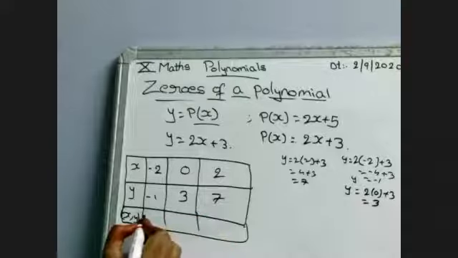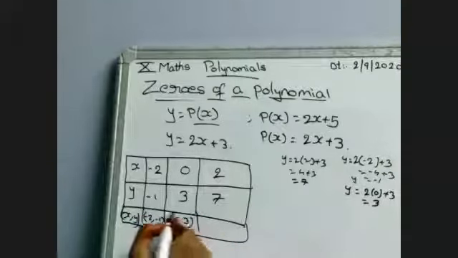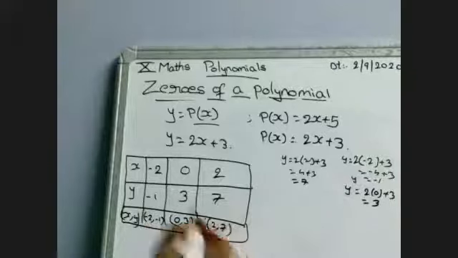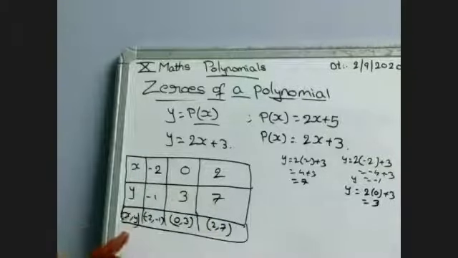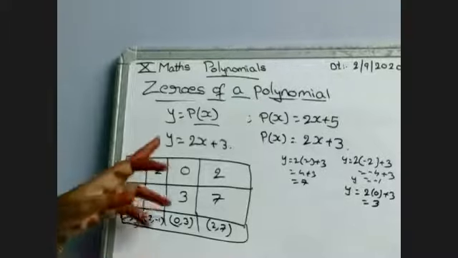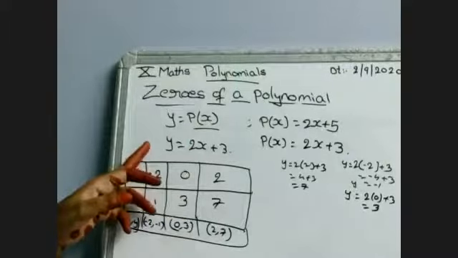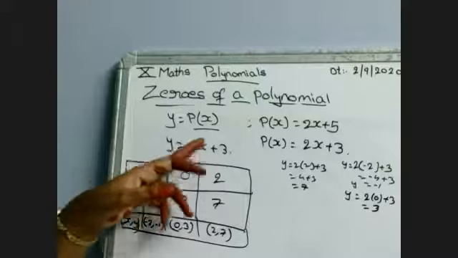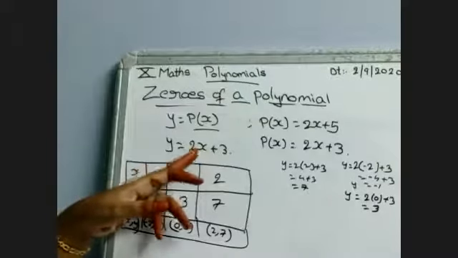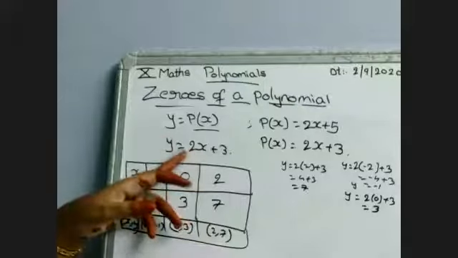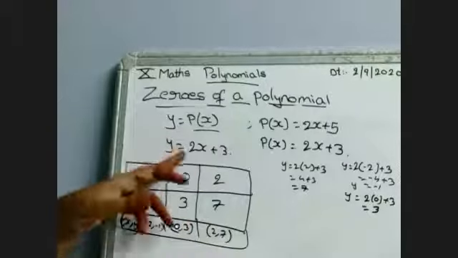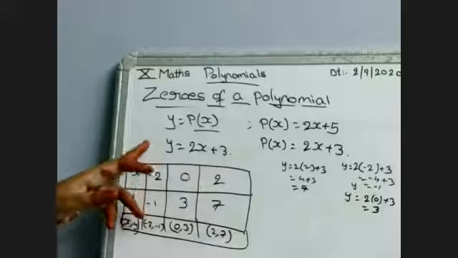First we will write the x values: minus 2, 0, 2, and the y values: minus 1, 3, 7. But if you observe here, first we are substituting the values in x, not in y. What are the numbers we are taking? We are substituting in the x values only, and after solving this equation we are getting the y values.